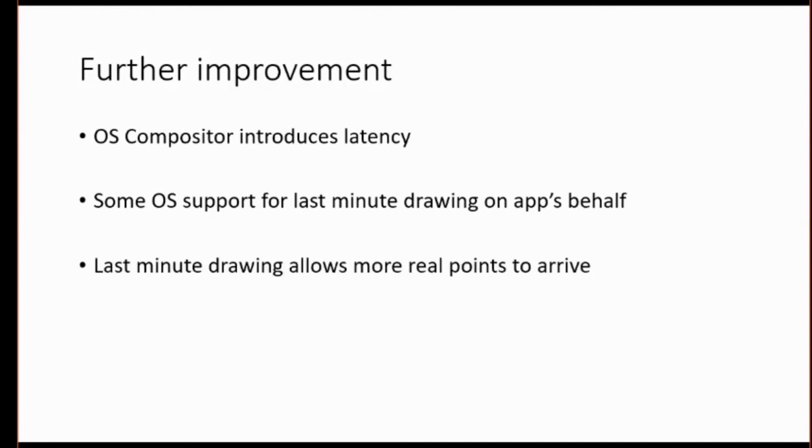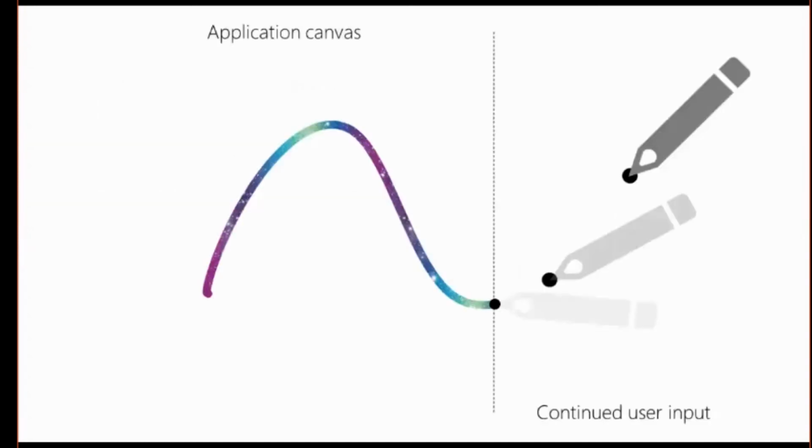This has the benefit that the OS compositor can wait much, much longer than the browser actually can to draw the trail, allowing the OS compositor to receive many more real points. And so it can improve the latency much further than the browser would be able to itself. And then you can also predict upon that to improve it even more. So you can get a lot more improvement from doing this on the OS compositor end.